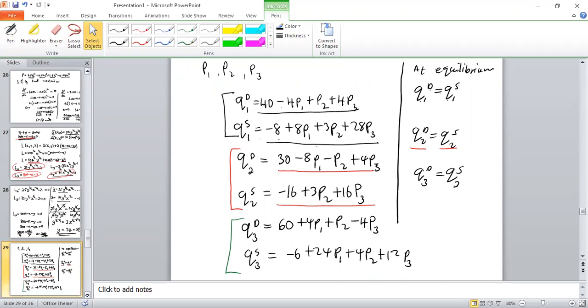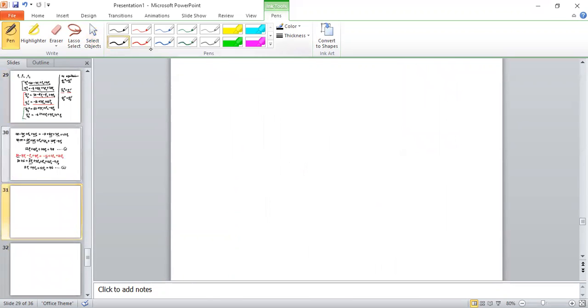So Hester, you can start telling us: 60 plus 4p1, plus p2, minus 4p3, equals negative 6.